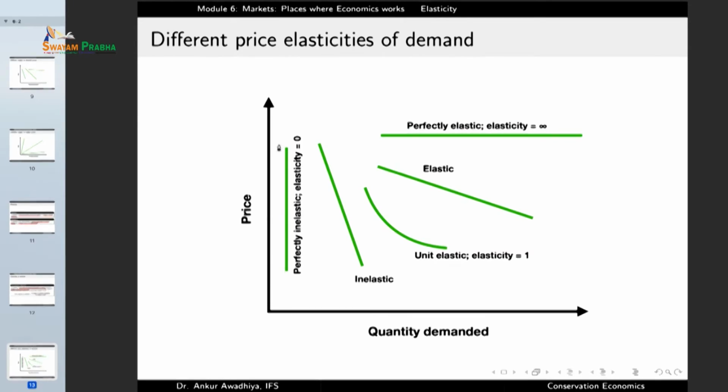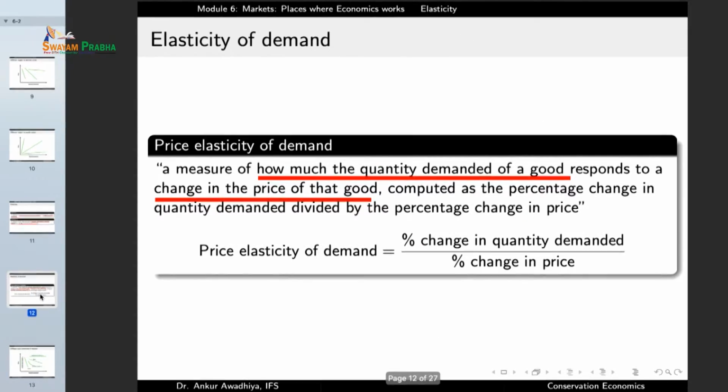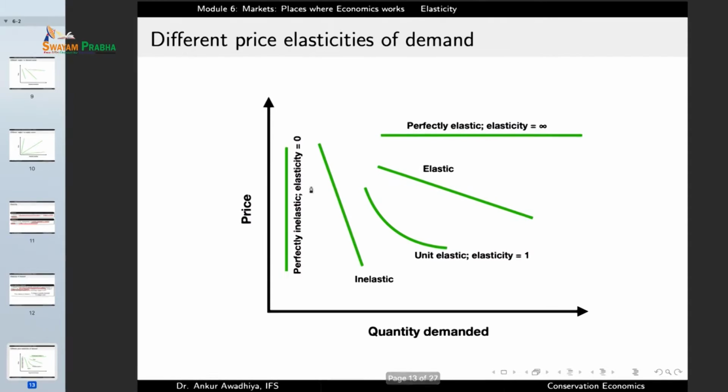The percentage change in the price is very large. And so the price elasticity of demand in this case is the percentage change in quantity demanded, zero, divided by the percentage change in price, which is a very large value. So in total, the price elasticity of demand is equal to zero, which is what we are seeing here. Elasticity is equal to zero. So this is a perfectly inelastic curve.